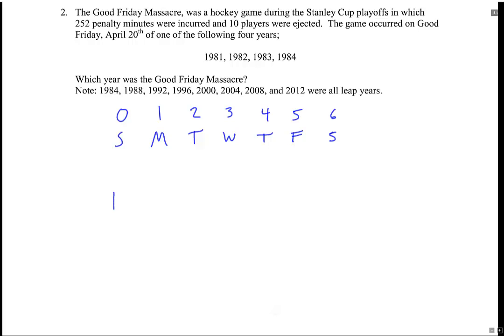So I'm writing 1 to represent Monday. So the 1 is Monday. April 20th of 2015.